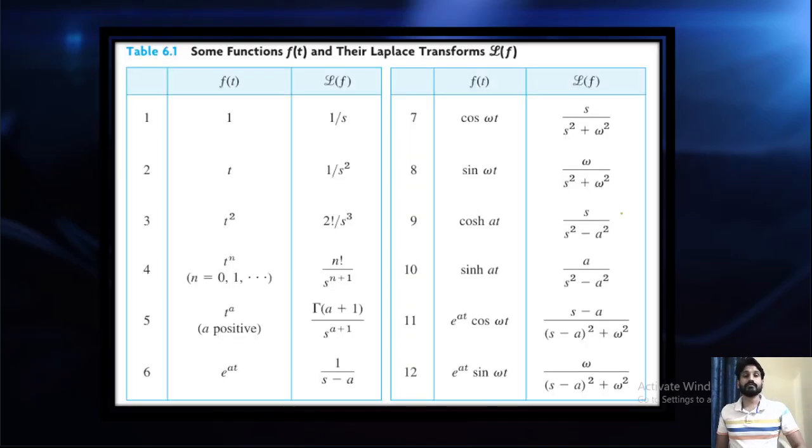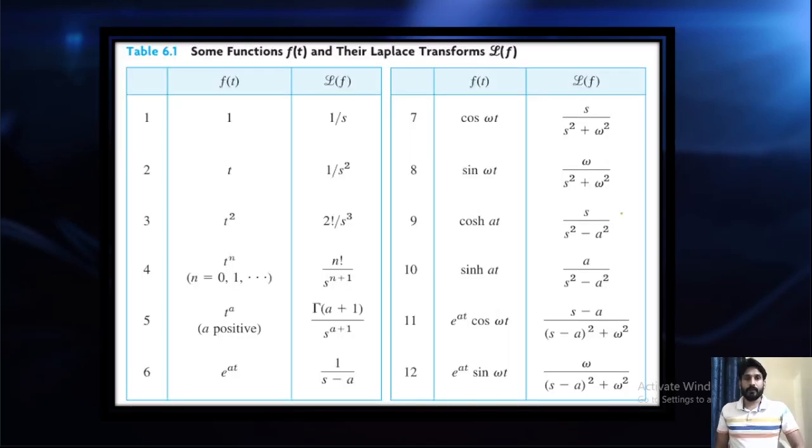Is it clear to you? So this is a table, guys. In this table, there are 12 formulas, and we have to remember all of these.